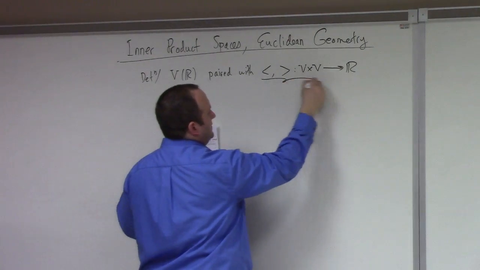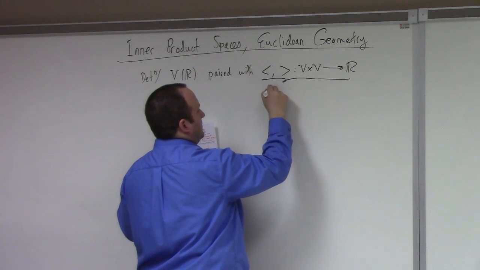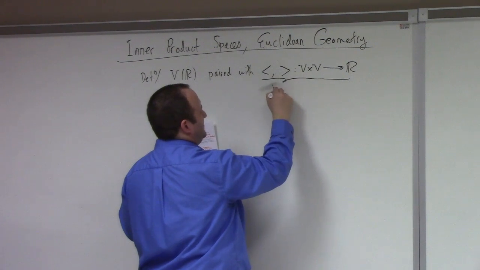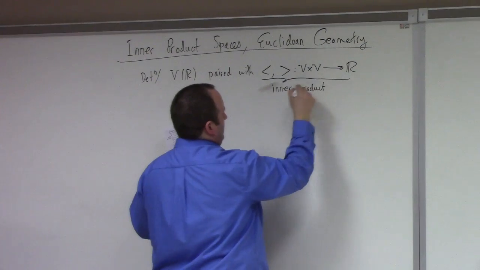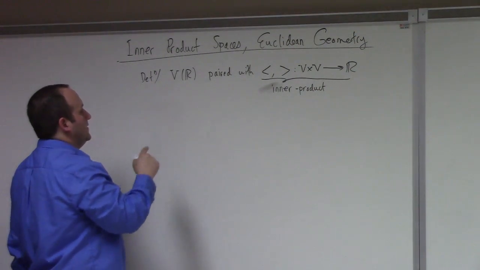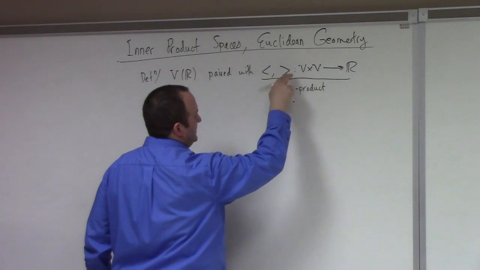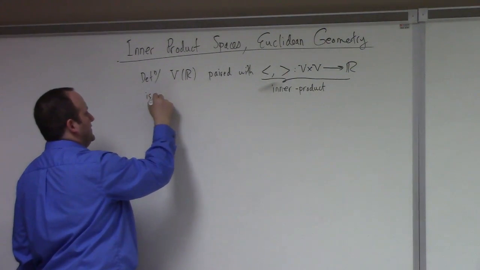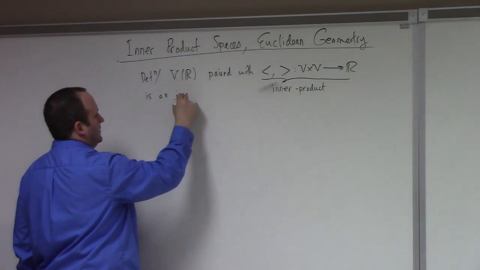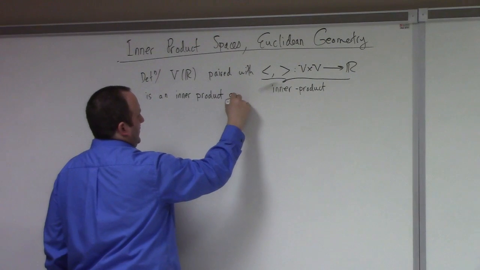This is called an inner product. V paired with a function from the Cartesian product of the vector space itself back to R is an inner product space.